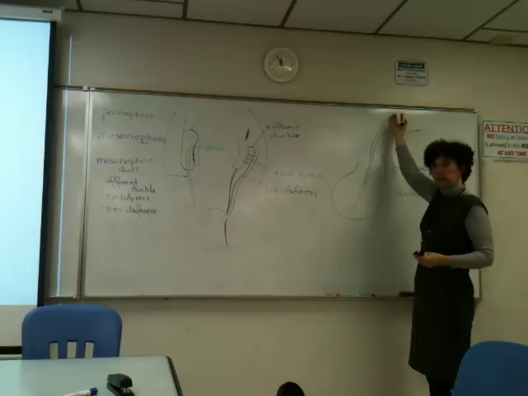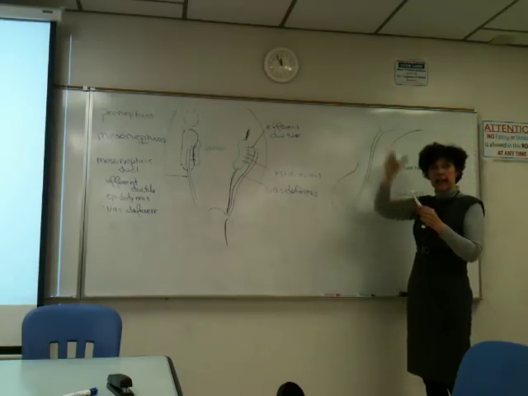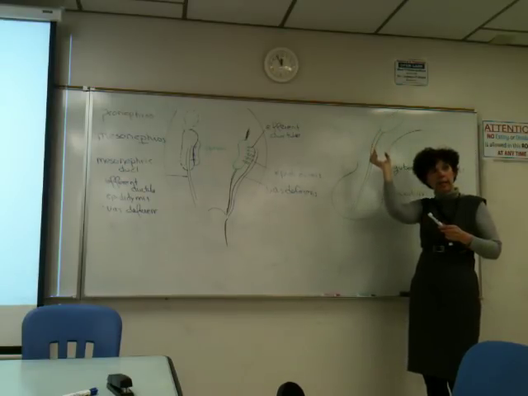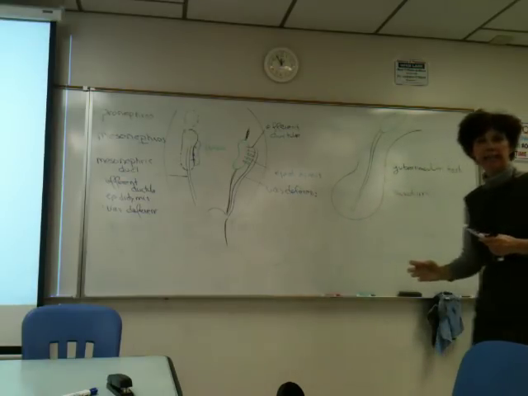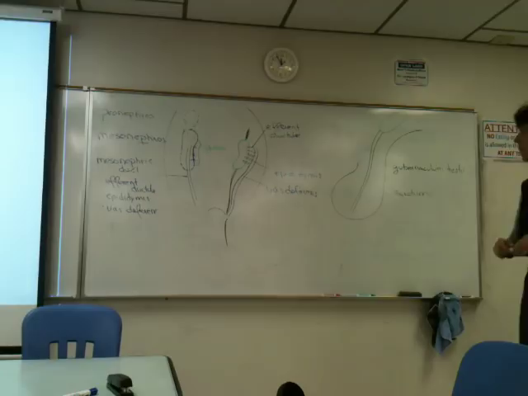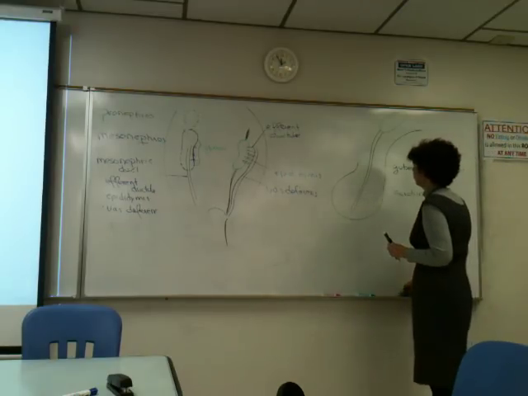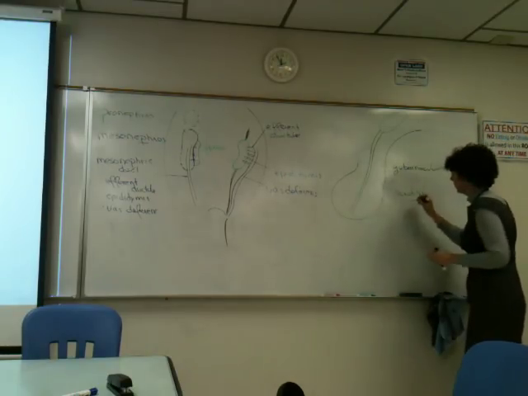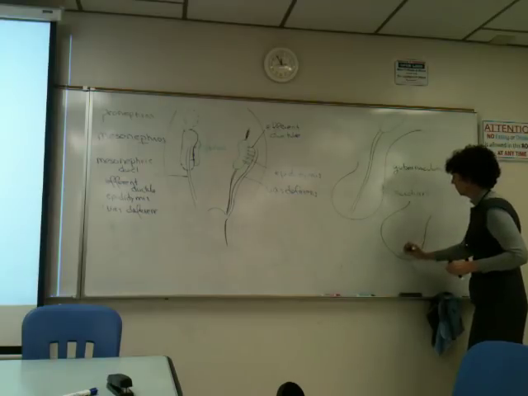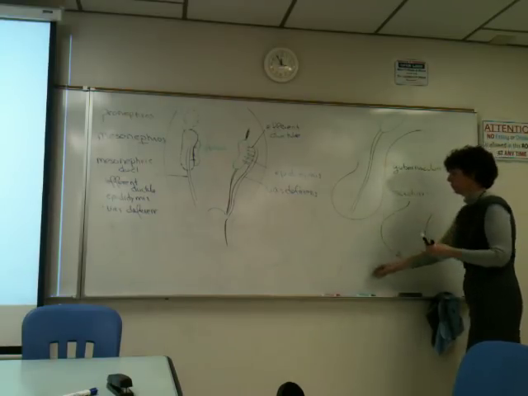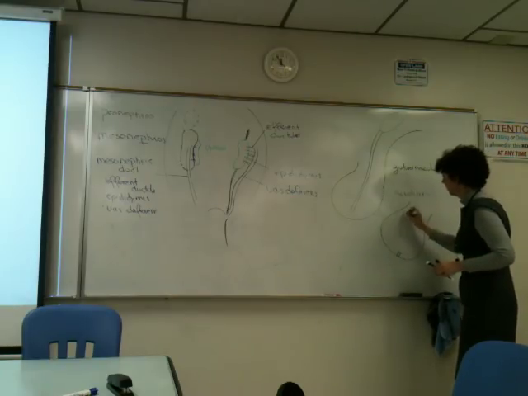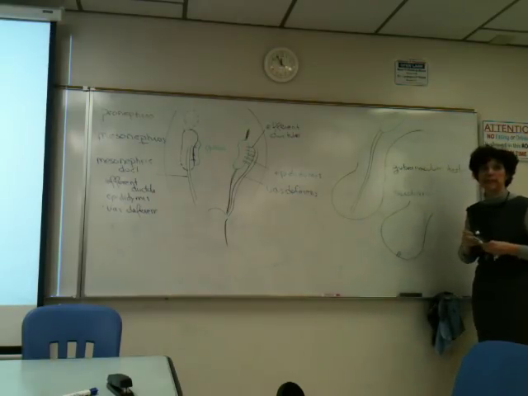And as it does so, it pulls that testis down along the posterior wall, into the pelvis, through the anterior abdominal wall, and down into the scrotal sac. So eventually, this would result in a very short gubernaculum as the testis resides in the scrotum.